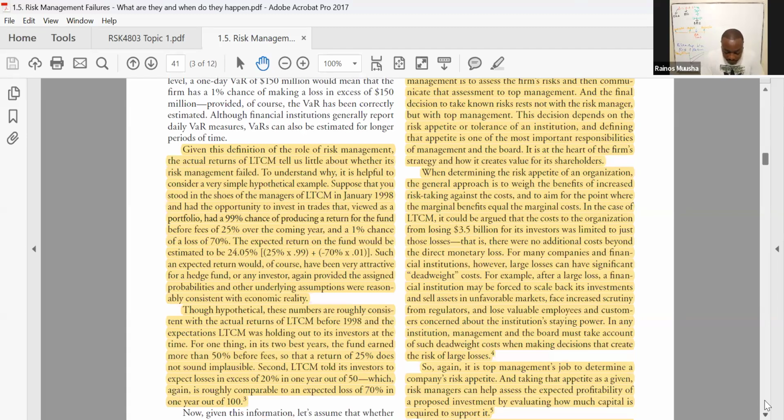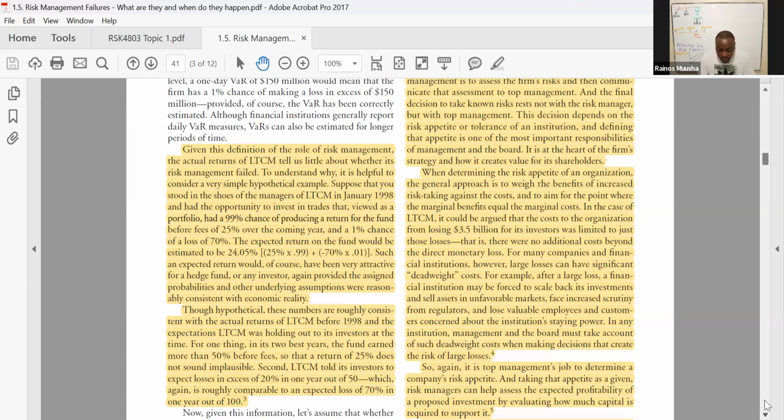So they go on to say, given this definition of the role of risk management, the actual returns of LTCM tell us little about whether its risk management failed. To understand why, it is helpful to consider a very simple hypothetical example.